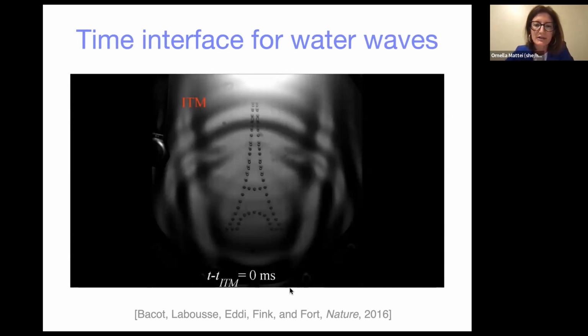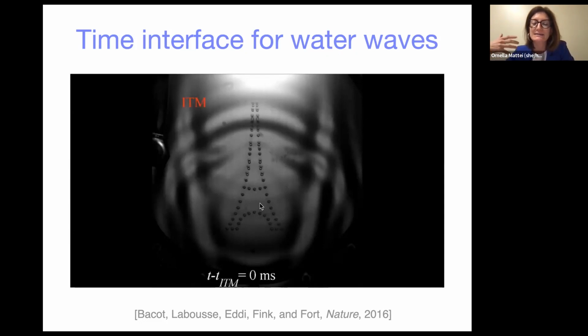So what you see here is a tub of water from the top. And what they do is drop an object, in this case the model of the Eiffel Tower, and that will create a water wave.